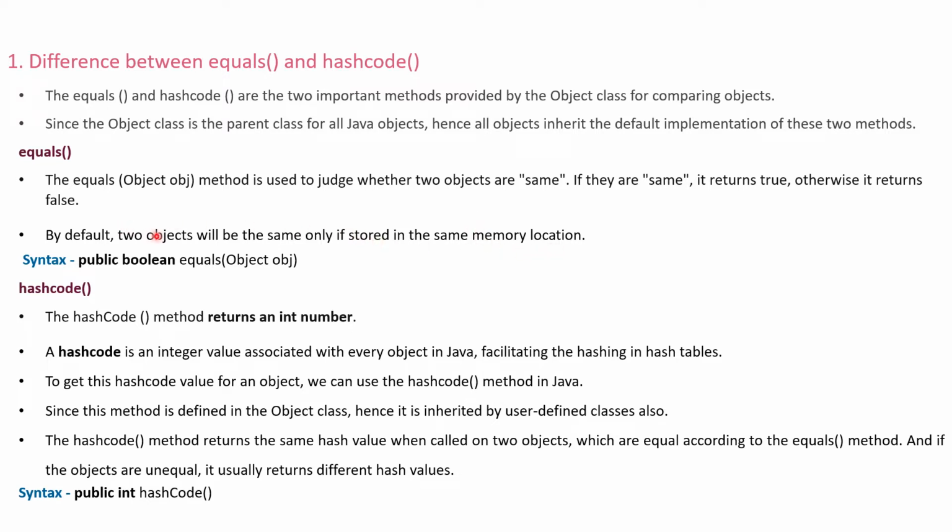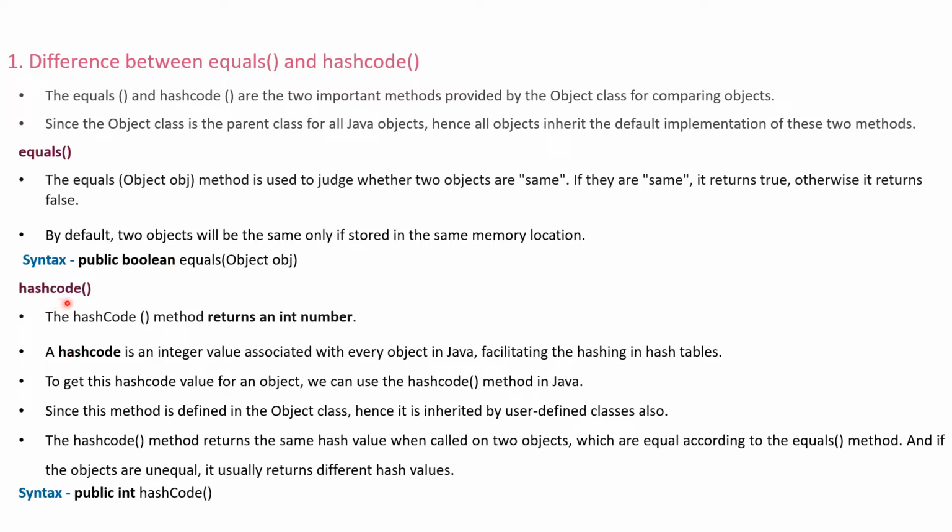The syntax is public boolean equals(Object obj). The return type is boolean, so it will return true or false.